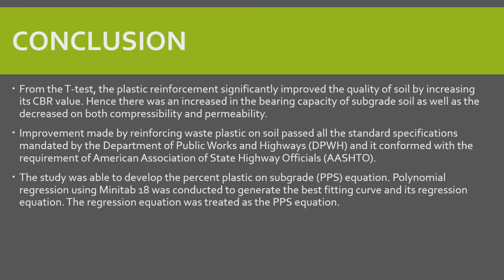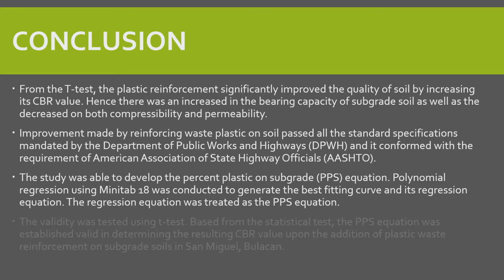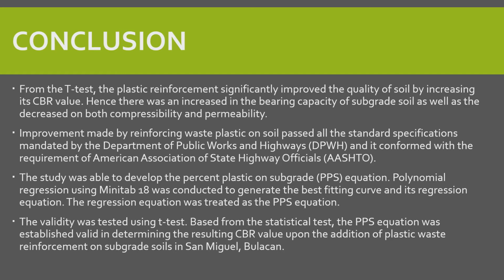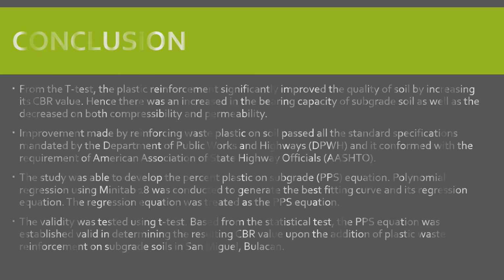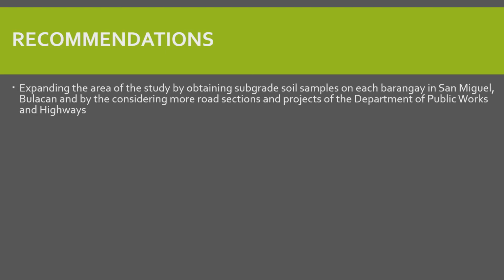The study was able to develop the percent plastic on subgrade equation using a polynomial regression in Minitab 18, and it was verified that the equation is accurate in predicting the resulting CBR values when a specific amount of plastic is added on soil.